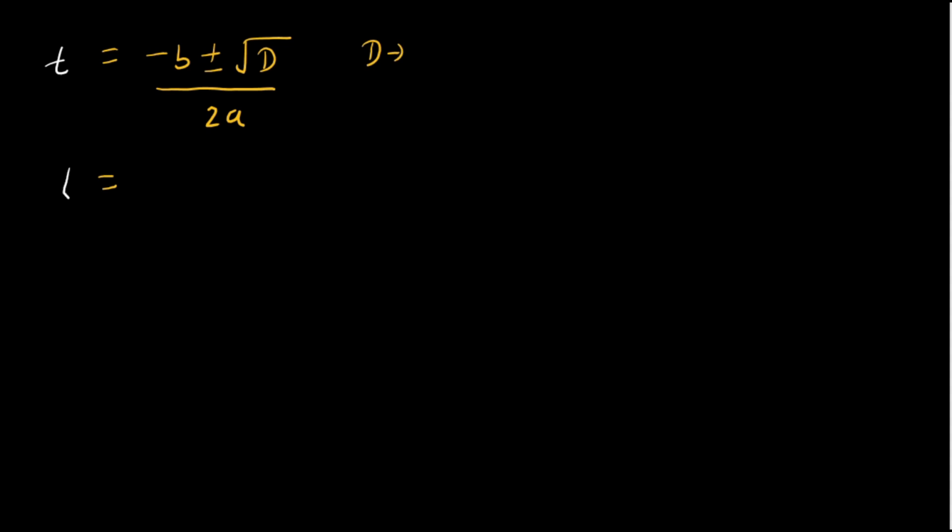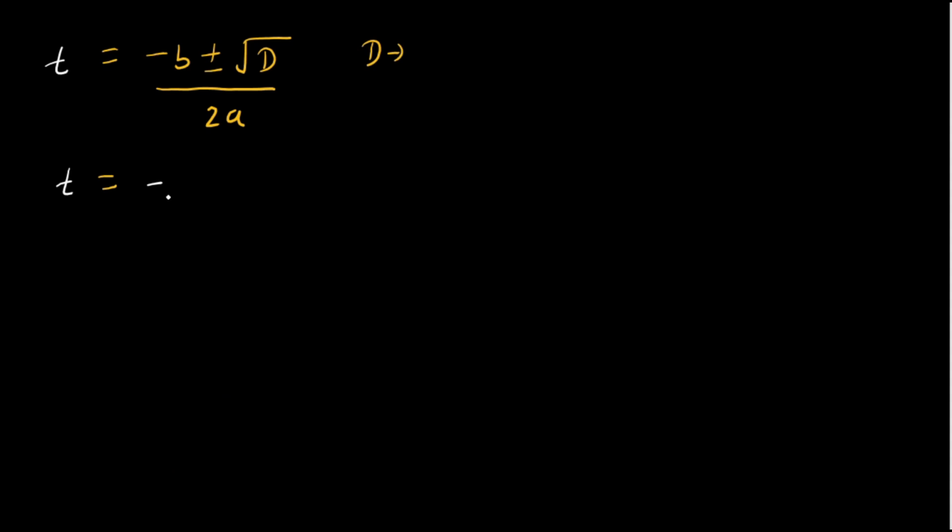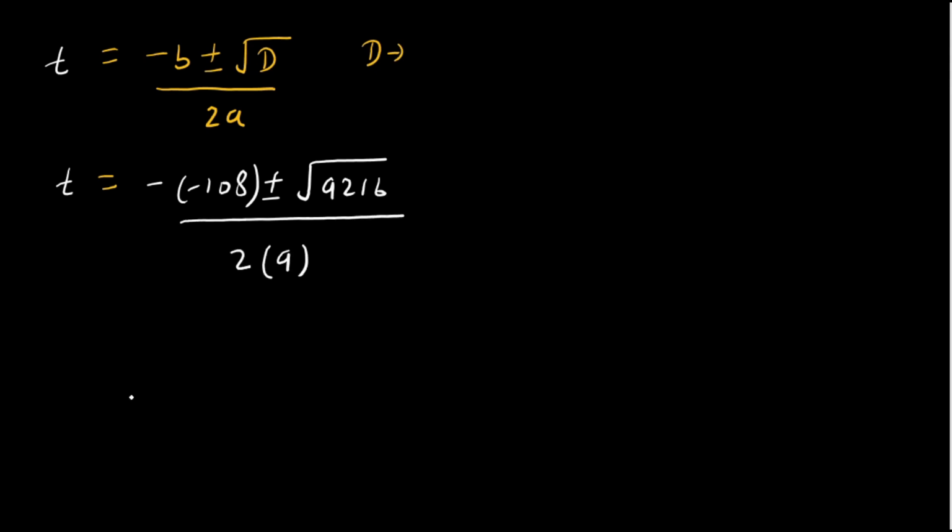Here b is replaced by −108, so −(−108) ± √D, where D is replaced by 9216, divided by 2 times a, that is 9. Then the value of t is 108 ± √9216, which is 96, divided by 18.